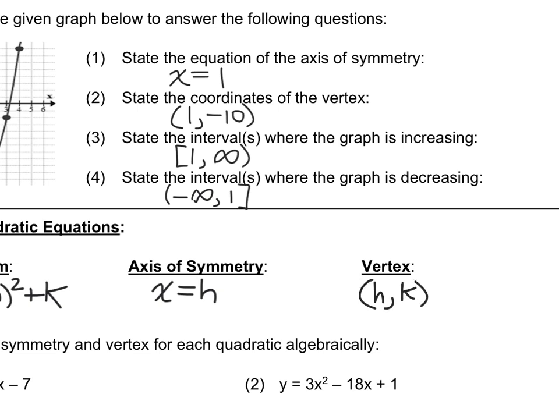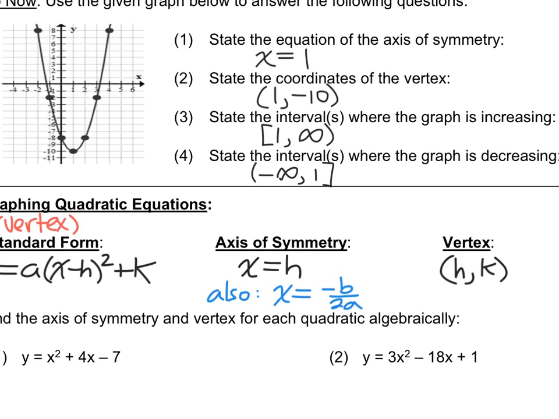All right. There's other ways to do this because we also know that the axis of symmetry is x equals negative b over 2a. The issue with that is I don't see any B's in my standard form equation.